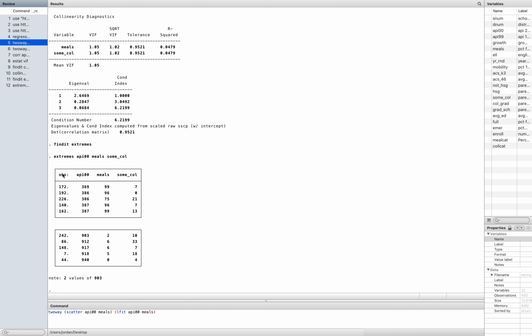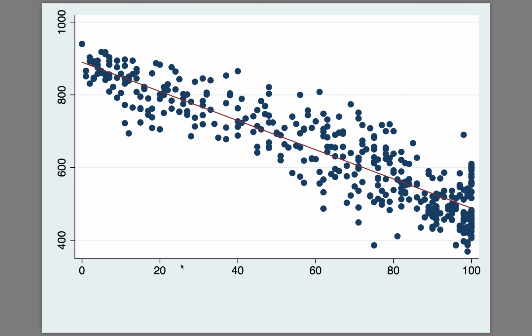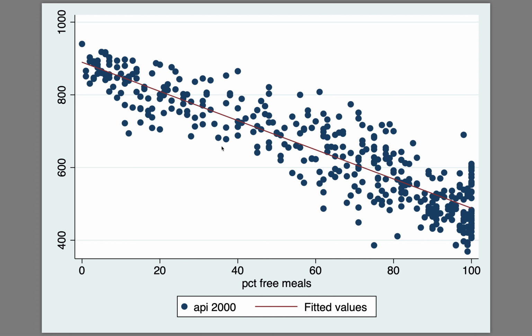Let's go to one of these scatter plots from earlier. Okay, so here's the line of best fit. Looking at this data between percent of students who get free meals and their API, their academic performance index from the year 2000, you'll see this negative relationship.